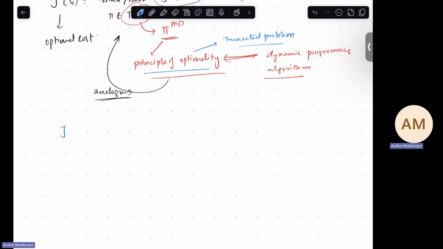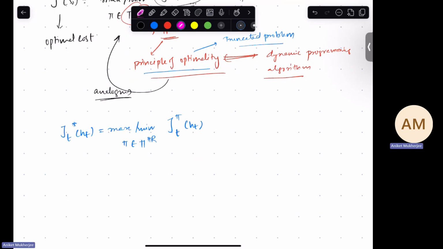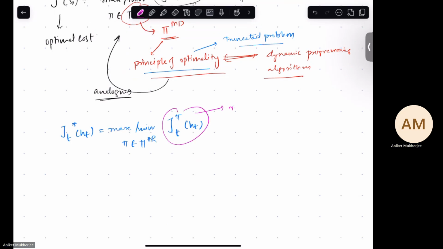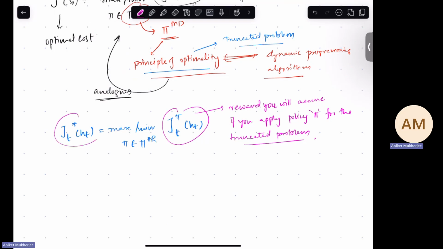The truncated problem I define here as G_t star of H_t equal to max over pi belongs to pi HR of J_pi of H_t, where this is the reward you will secure if you apply policy pi for the truncated problem, and this is your optimal reward.